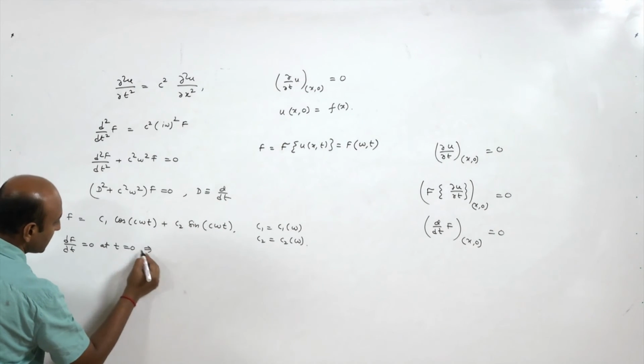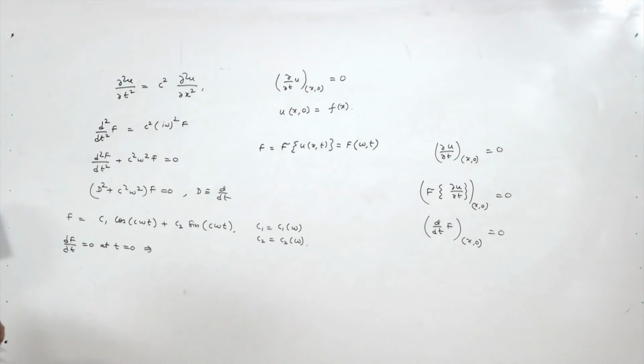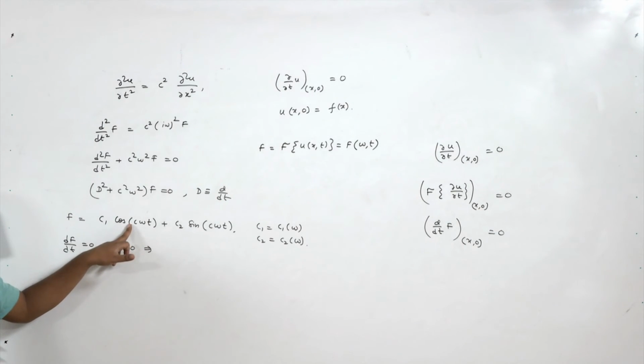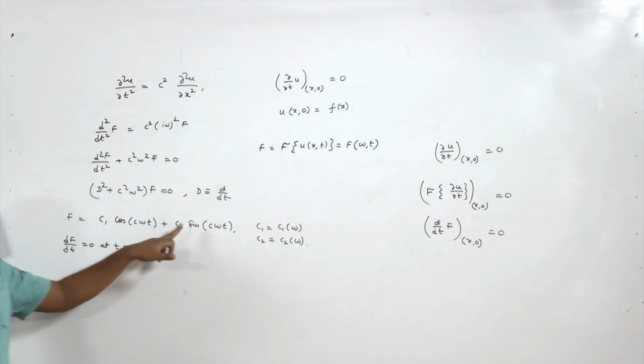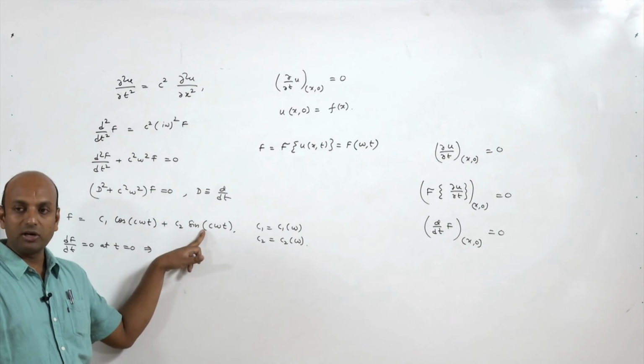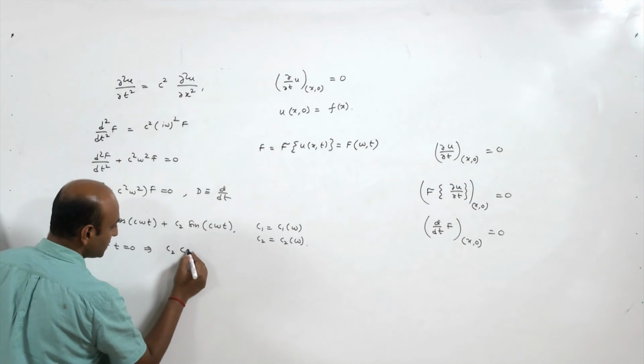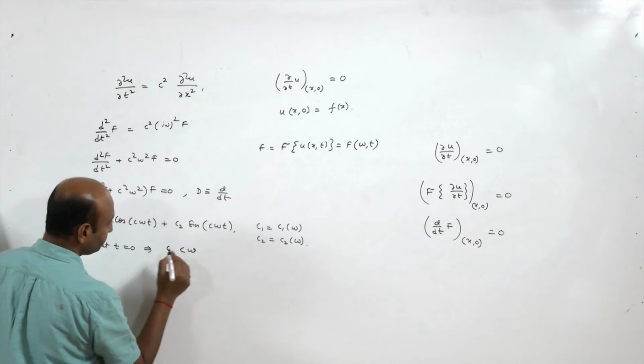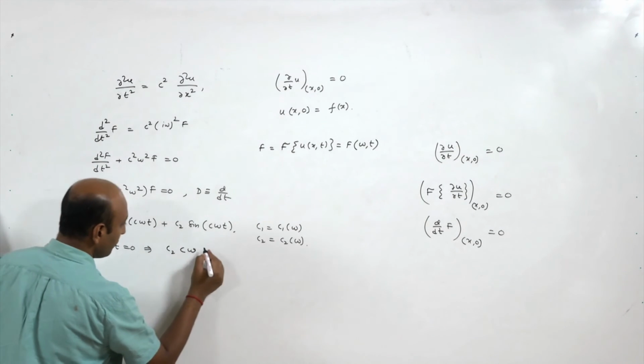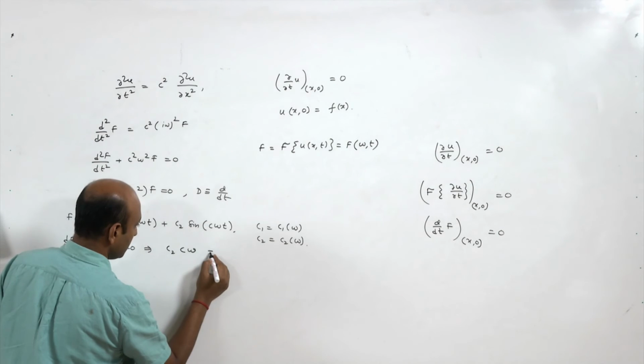When you apply this condition, the derivative of this will be sine, minus sine. When t equal to 0, the sine will be 0, and the cos will be 1. So we are left with C2 c ω equal to 0.